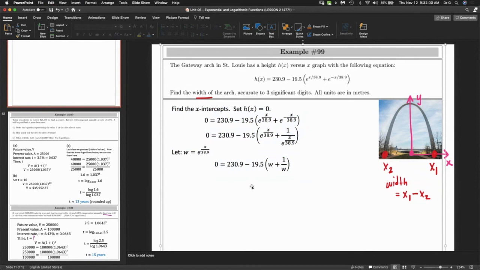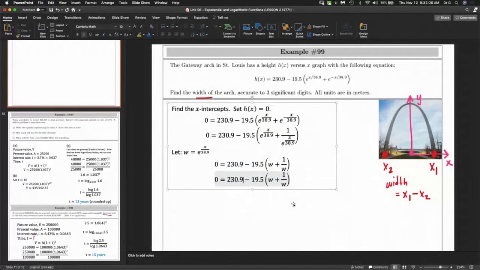What you want to do now is, you could get rid of one of the decimals here by dividing everybody by 19.5 if you like. Let's do that. Let's divide everybody by 19.5. This step is really not necessary, but I just like to have fewer decimals floating around.